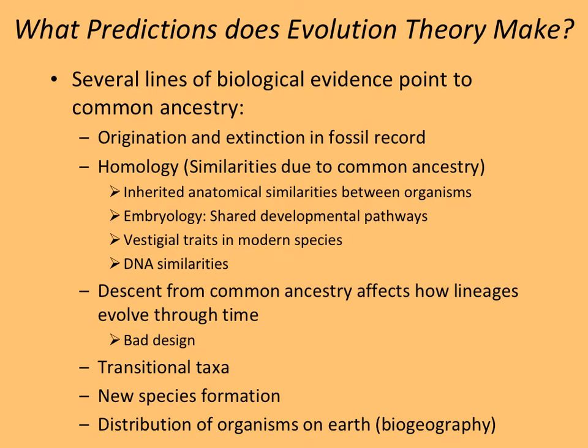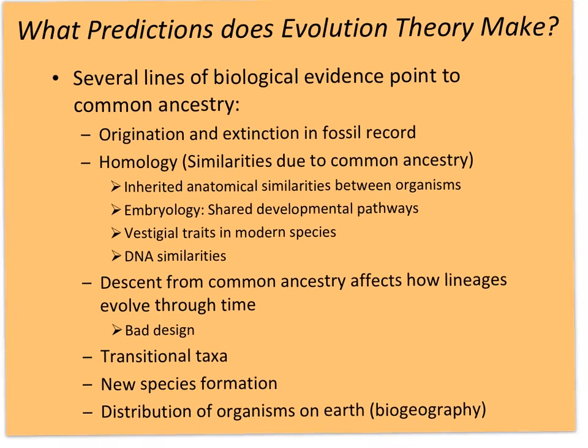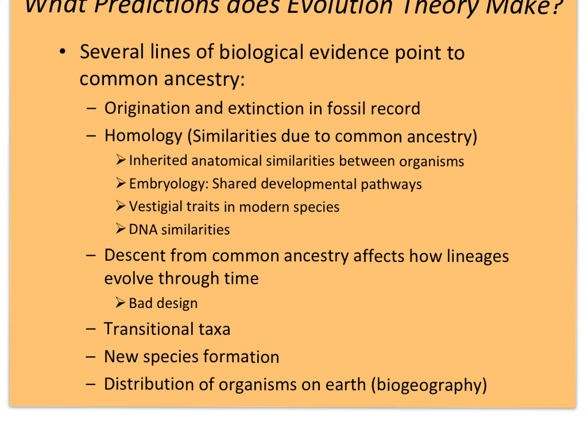And you should also be able to find new species formation, either happening now or that happened in the past. And then there should be an unequal distribution of organisms in geography because of where ancestors originated.